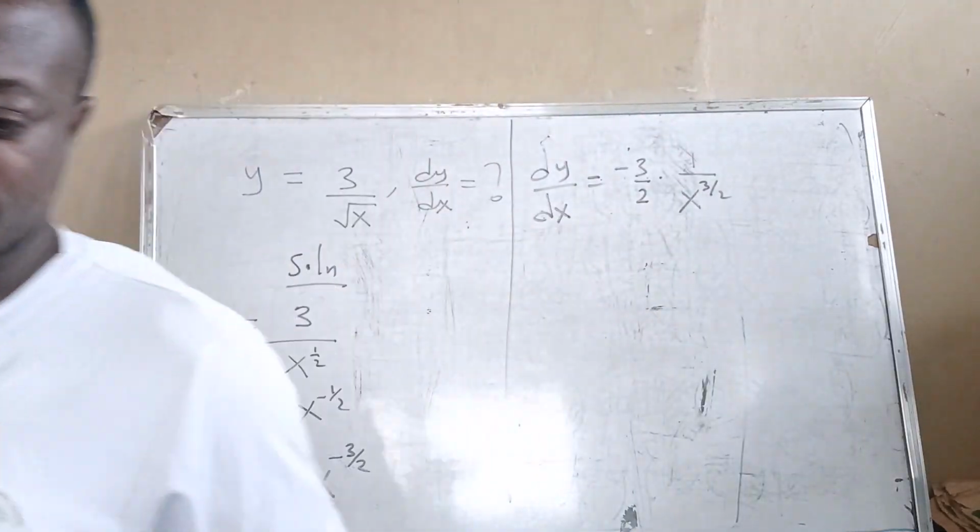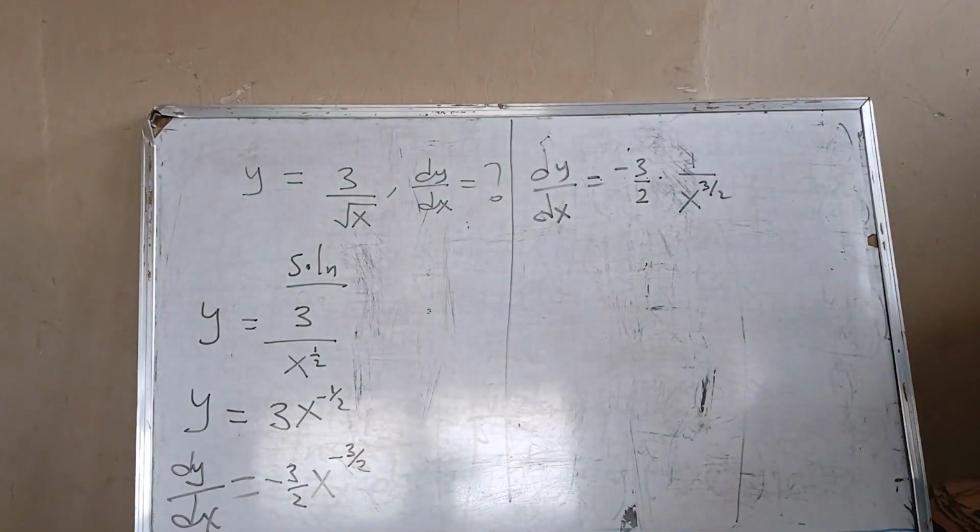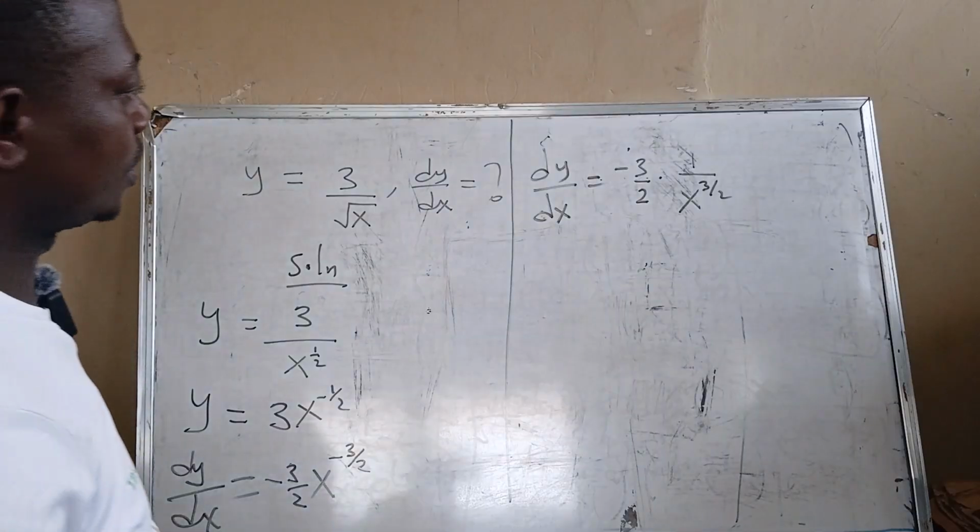The negative is gone, because 1 over a is the same as a to the power minus 1.